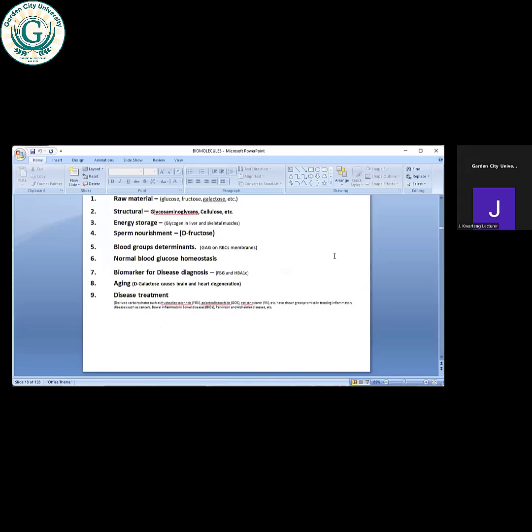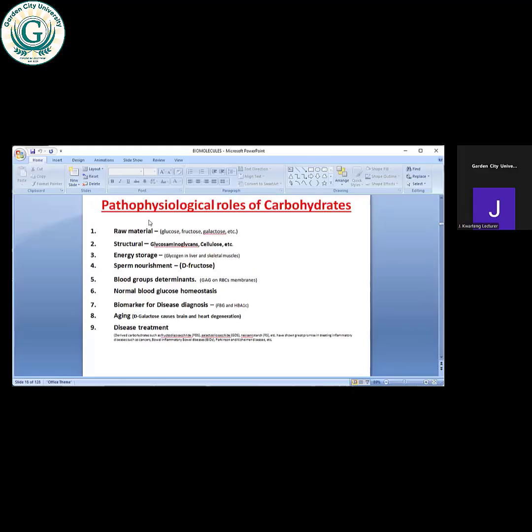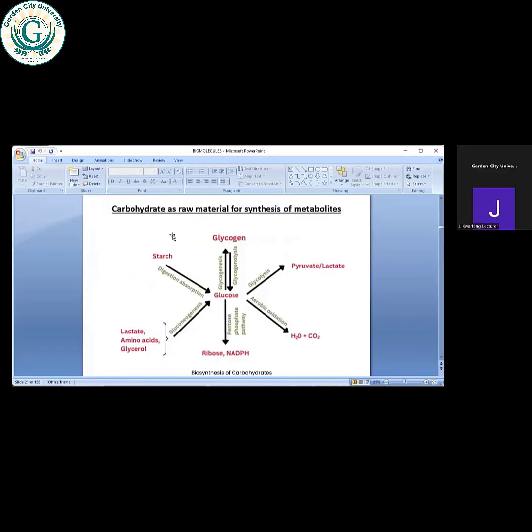Number one, they are an important raw material for the synthesis of other carbohydrates.